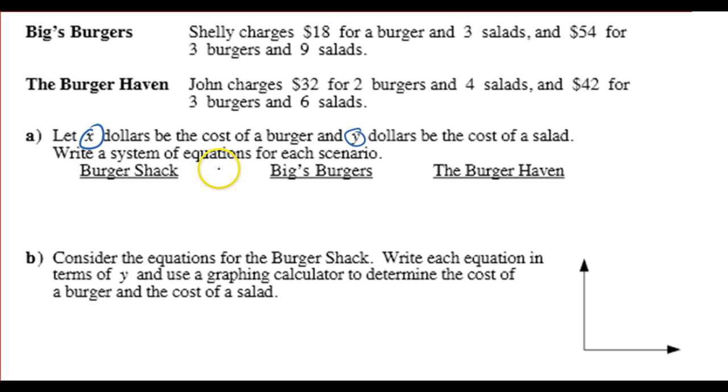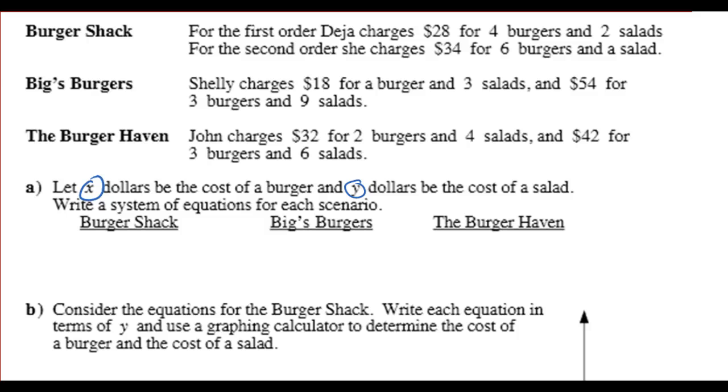So it says here, write a system of equations for each scenario. Let me just help you out with this one here. Let's go Burger Shack. The whole price was $28, so I'm going to just go equals 28. How many burgers were there? There were 4 burgers in the first order.